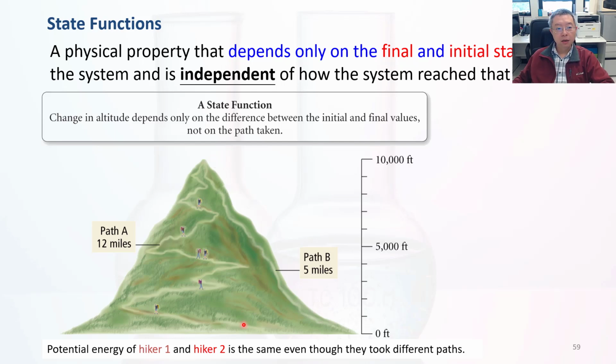But how much path or length they actually walk depends on taking this route versus this route, and how much work this person does also depends on the path. This one is taking longer versus this one is taking shorter. That is the definition of path and state functions.